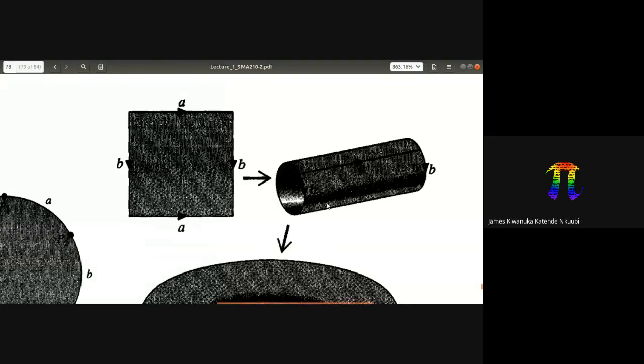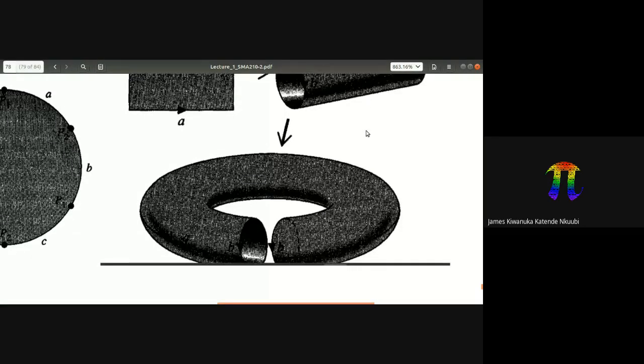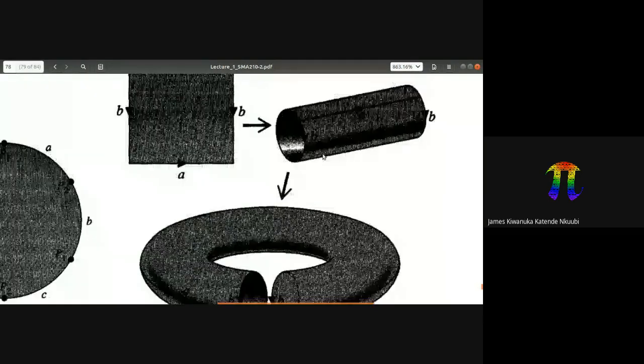So now when you do the final joining, we initially had 4 corners. Now we have 2 vertices. When you join these together, these 2 vertices again will meet to form 1 vertex. So all those 4 collapse eventually, and you have only 1 vertex. We've already figured out the number of vertices here.